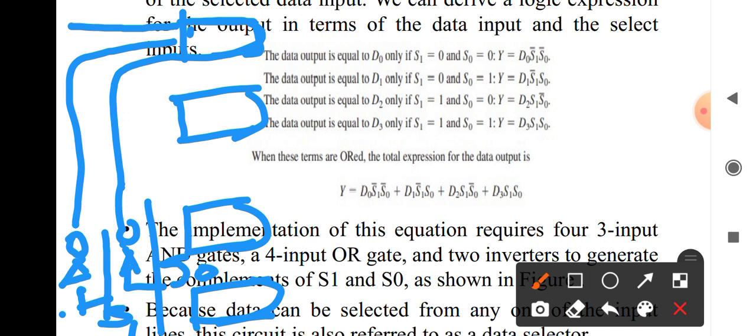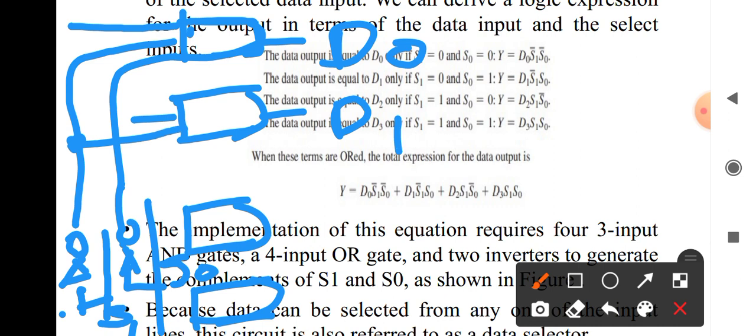For D1, what will be the input? It will be the D1 input into S1 complement into S0. S1 complement is this one, and S0 we can give directly here.